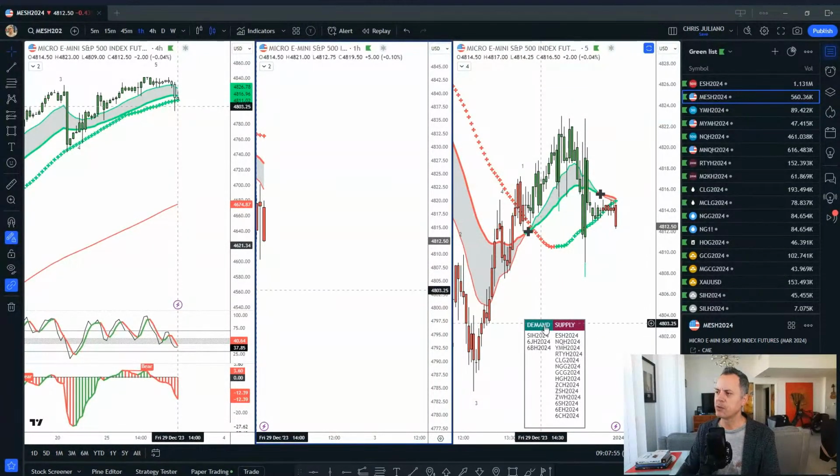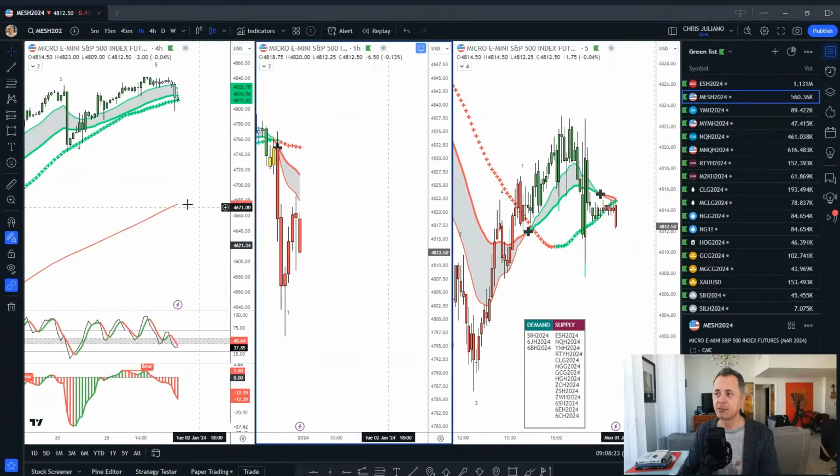And if you take a look at this, you'll see that one side is longer than the other, the supply zone side. Well, that means overall the market sentiment is to the downside. So right away, when you wake up in the morning and you put your charts up, and you see that you've got more contracts in the supply zone column, well, that means market sentiment is down, okay?